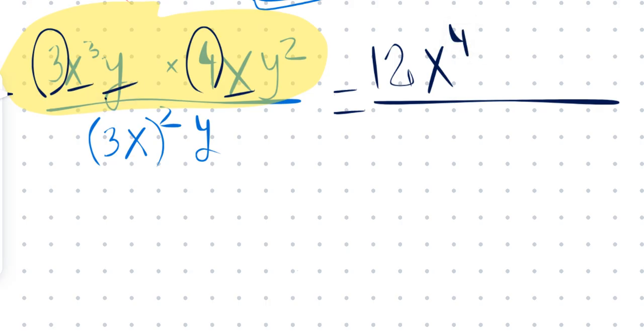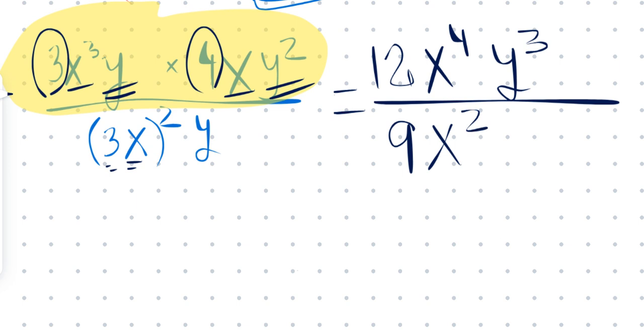Then we have y and y squared, which is y to the power of 3. In our denominator we have 3 to the power of 2, which is 9. Then we have x to the power of 2. So we copy that, x to the power of 2, and we have y.